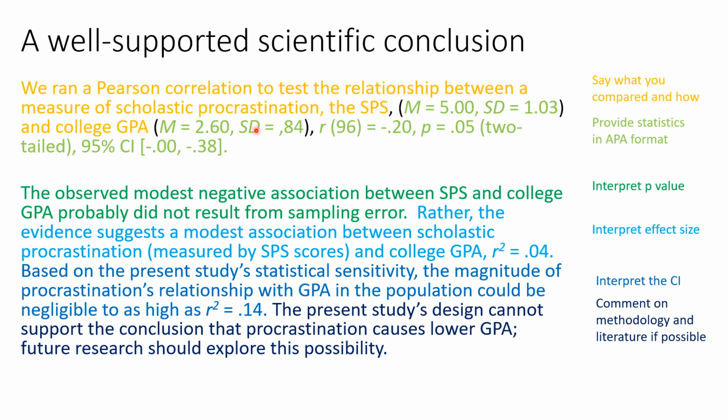Then I provide the statistics, the mean for the SPS and the standard deviation, the mean for the GPA and the standard deviation. I ran an R. 96 is the degrees of freedom, which is the number of people minus 2, so there were 98 people. Here's the correlation, here's the p-value. Notice I'm telling them it's two-tailed, and here's the confidence interval for R.